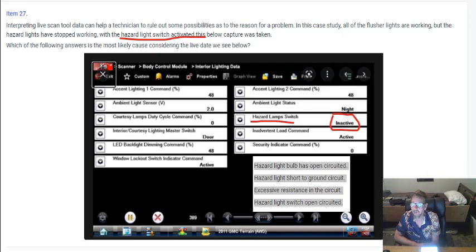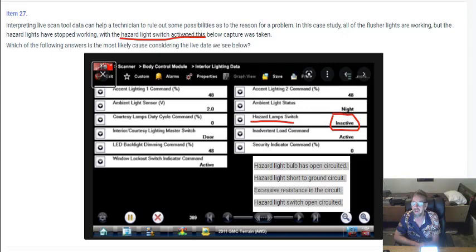Look, a hazard light short to ground, I imagine would blow a fuse. Okay, it should do anyhow. If it blew a fuse, we'd have an open circuit somewhere there. But it would still mean that our hazard light switch would activate, wouldn't it? Even if it was a blowing fuse, it's blowing a fuse to protect the circuit.